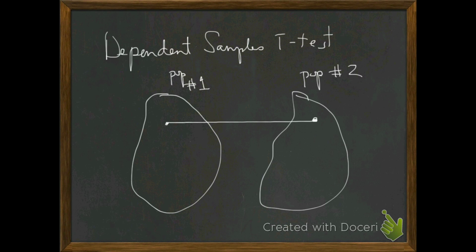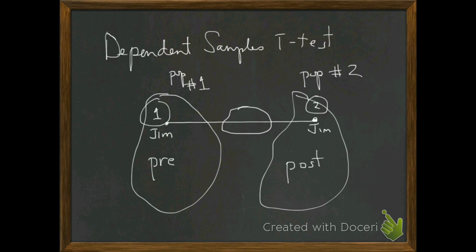The classic situation that we run into with the dependent samples t-test is when we do a pre-test on a student and then a post-test on a student. So we bring student number 1 in, let's call him Jim, and he takes a test. We invoke some sort of treatment, an experiment, whatever it may be, bring Jim back in and take the test again, and we get a second measure on Jim.